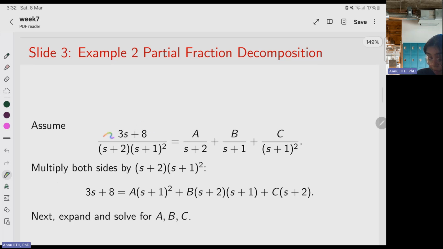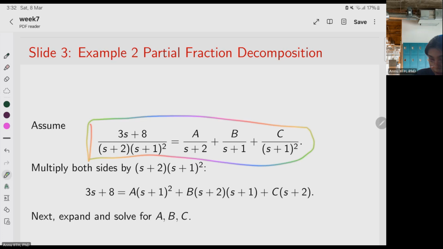So we should know the formula for this. 3s plus 8, so we should be writing it like this: A divided by (s + 2) plus B divided by (s + 1) plus C divided by (s + 1) squared.